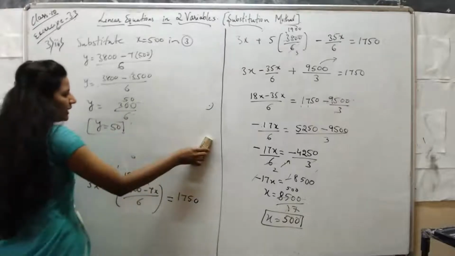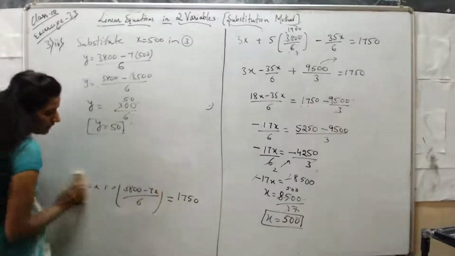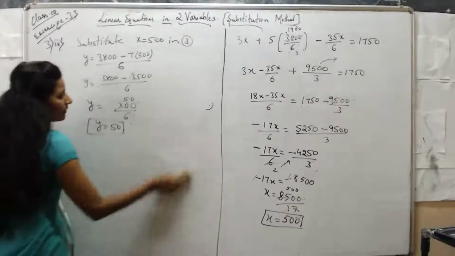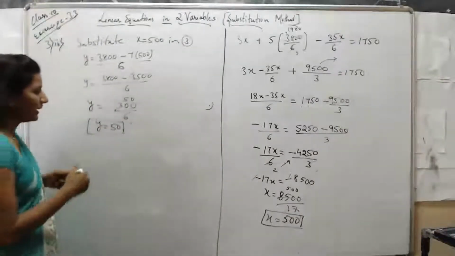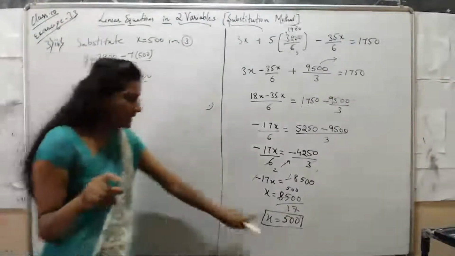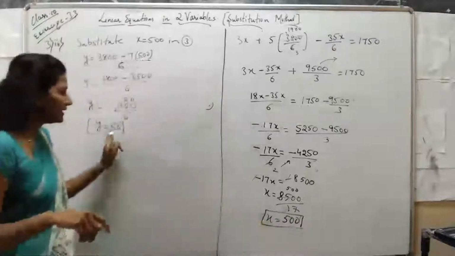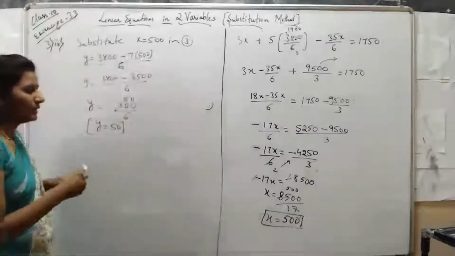Initially what we have taken is cost of bat is x and the cost of ball is y.